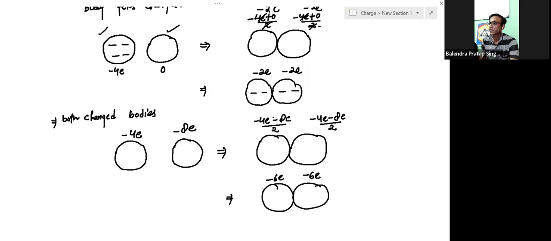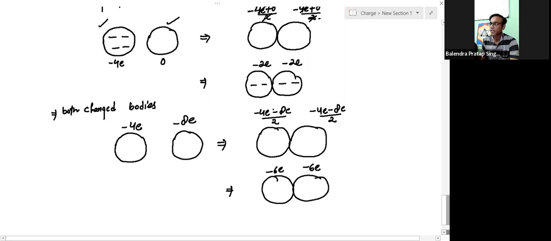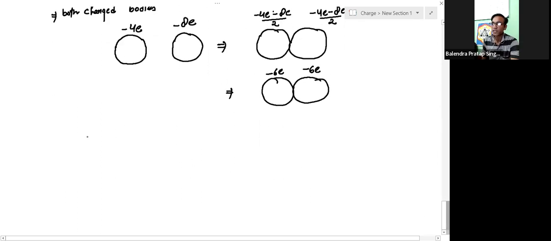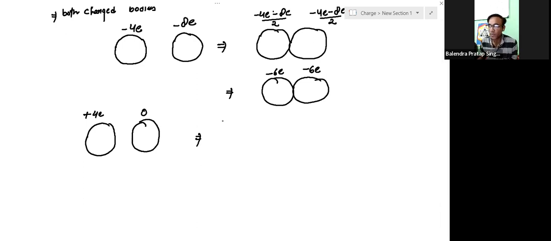So next, I'm giving a small problem. Tell me how charges get shared. Suppose I take an example in which this body has plus 4e charge and this body has 0 charge. Tell me, if I put these 2 spheres, these 2 bodies in contact, then how much charge will be on both the bodies?